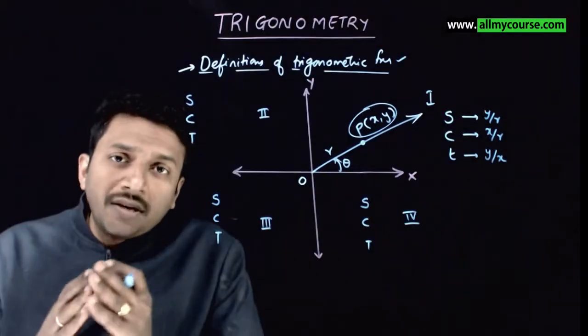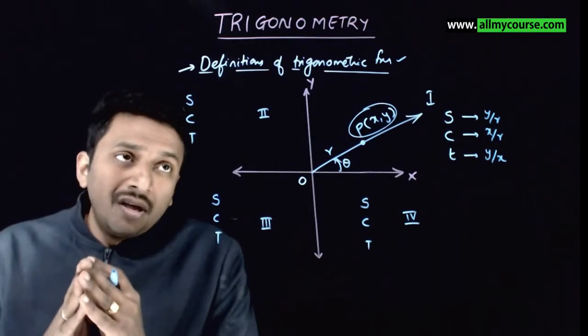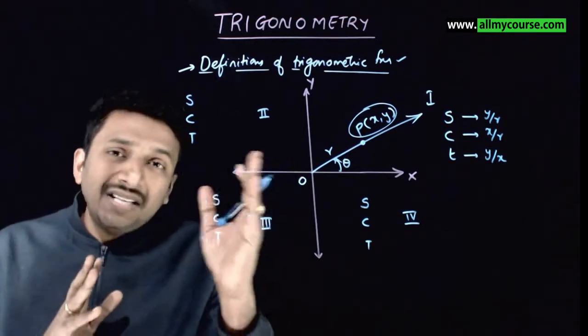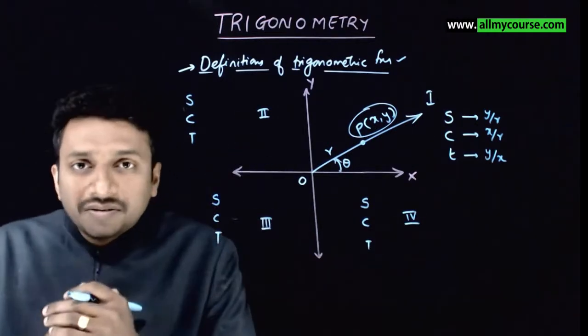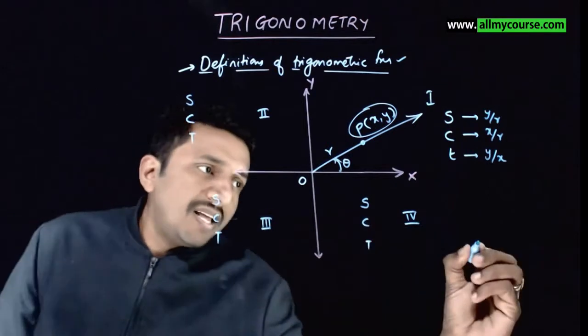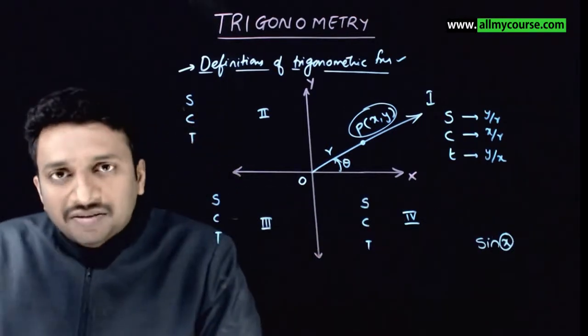And once we have understood the definitions of trigonometric functions, we can talk about the signs of trigonometric functions in different quadrants. So now let us say that you need to calculate sine of some angle x.